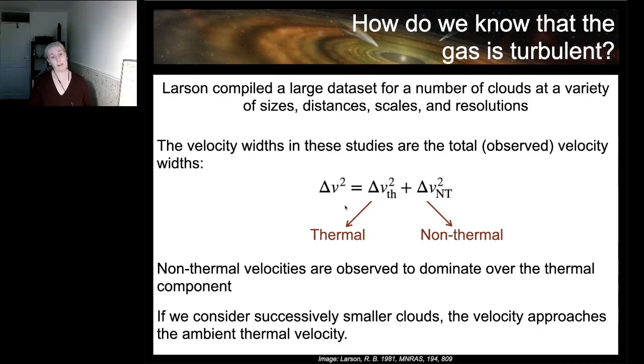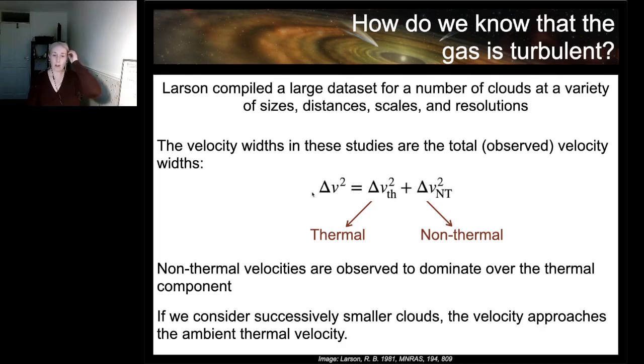the total width that you measure with your spectrometer and the telescope, that squared, has two different components. It has the thermal component, which is what we looked at a couple of slides ago, and it has this non-thermal component as well. And the addition of those two terms squared gives us the total line width squared.